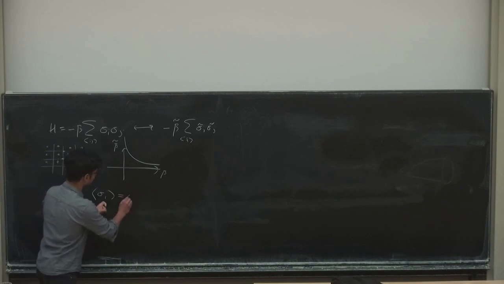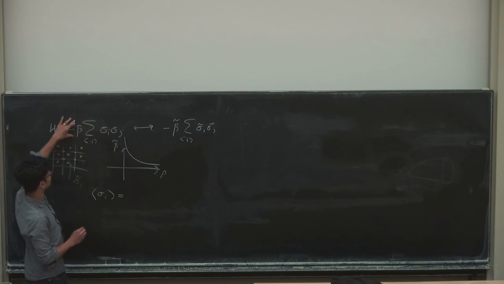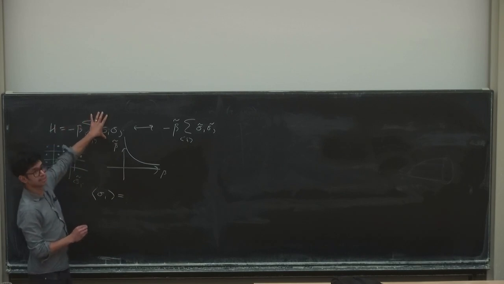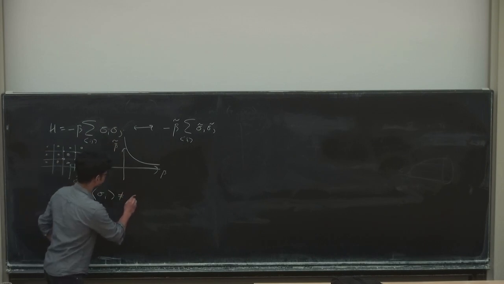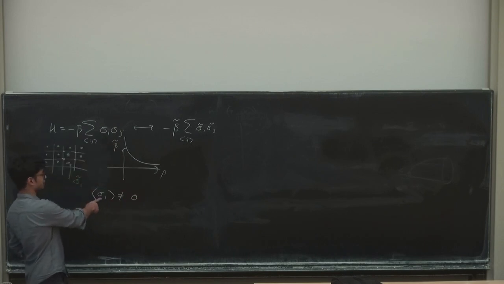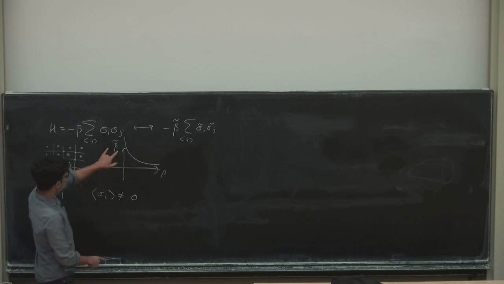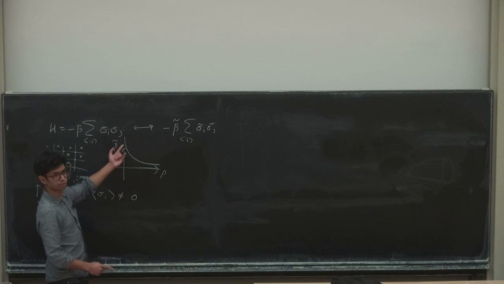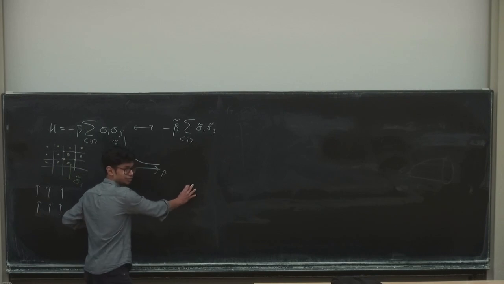If we have a low temperature phase, when you have beta being high, so it's low temperature in this language, then typically you have a magnetized phase. So that means that the VEV of sigma is not equal to 0. In other words, most of the spins are lined up. This is the ferromagnet. Okay? But because of this fact that beta and beta twiddle are sort of inverse of one another, if this is in a low temperature phase, then this will be in the high temperature phase, right?